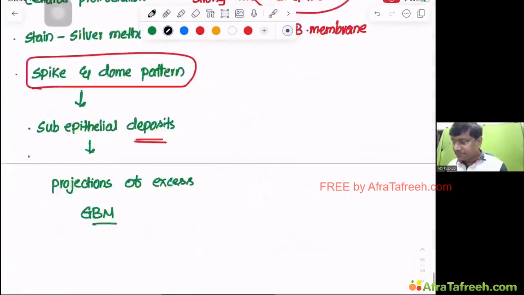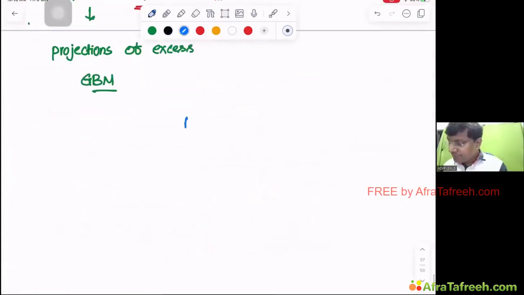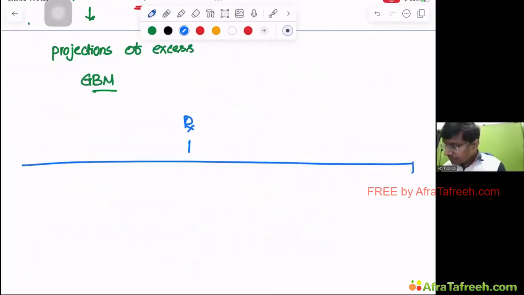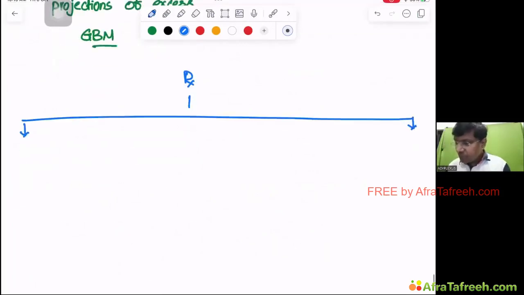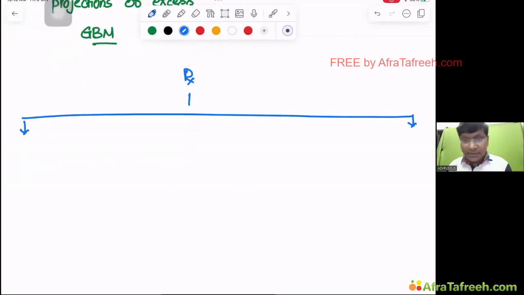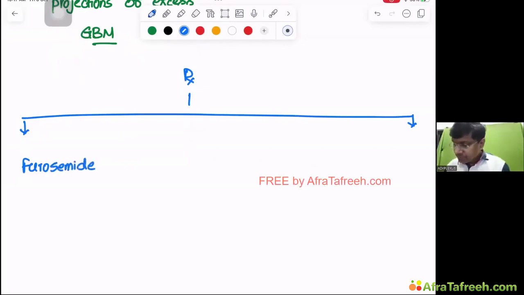Then followed by that, how do you treat these patients? If you see the treatment, an important point is the diuretic, because these patients have edema.